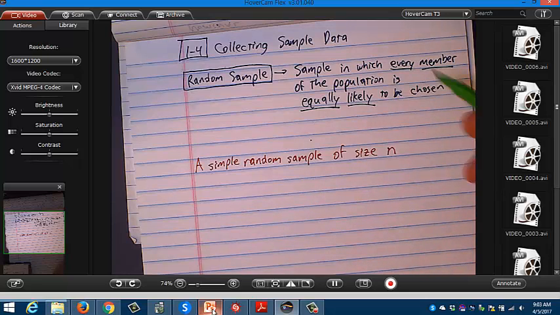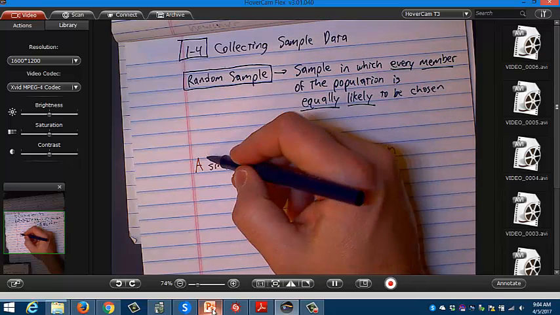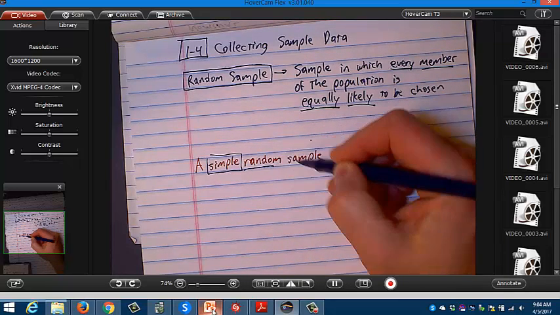This is the definition I'm giving now. We did random sample. Now I'm doing simple random sample.